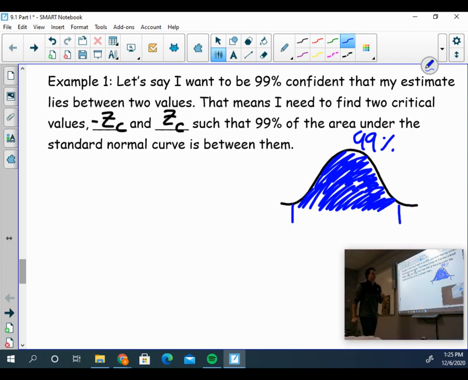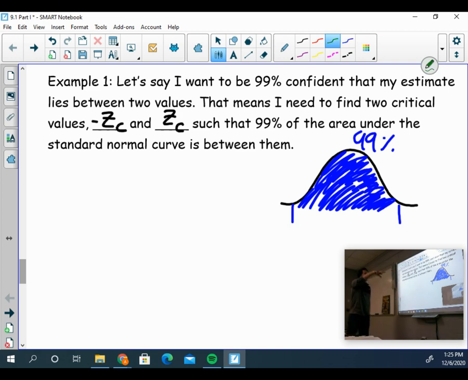Because again, area under the standard normal curve is probability. So if I find the 2 values such that 99% of the data is between them on the standard normal curve, then I can say I'm 99% confident that my random variable Z will fall between those 2 values.